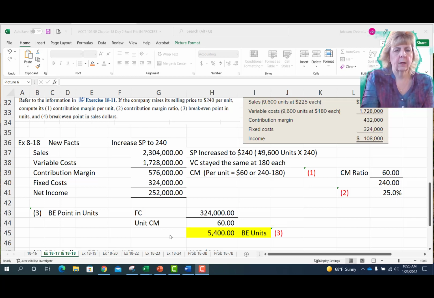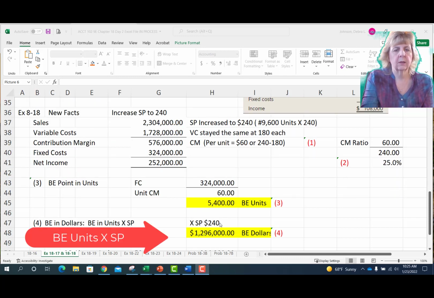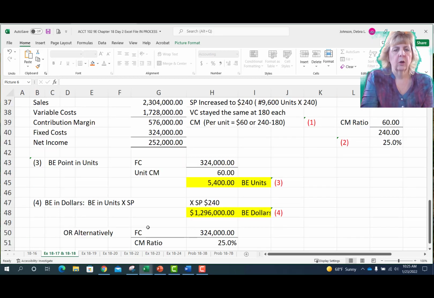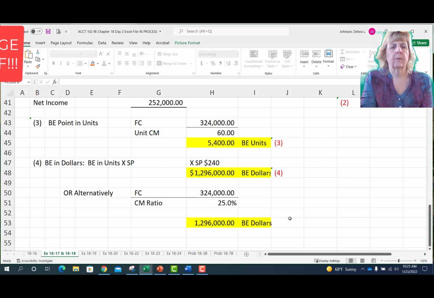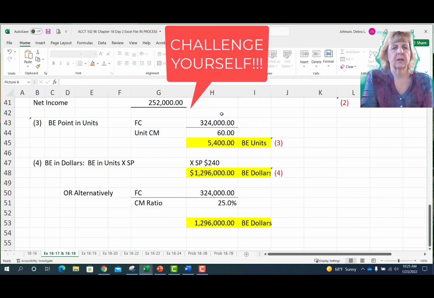I would take a shortcut and just take that 5,400 units times the new selling price to come up with the break-even dollars, or you could have used alternatively the author's formula, which uses the contribution margin ratio when the author asks for dollars of break-even sales. Either way, we came up with the same answer. We're taking all the information that we learned last time and tweaking it for all the different what-if scenarios that the author is going to throw our way.